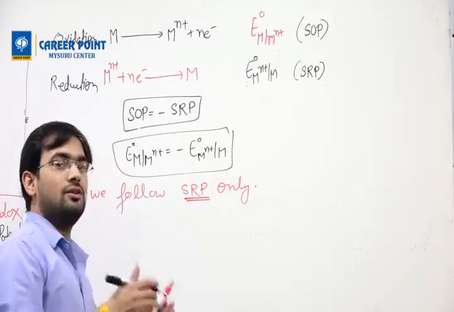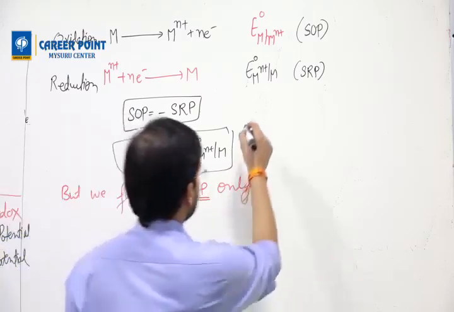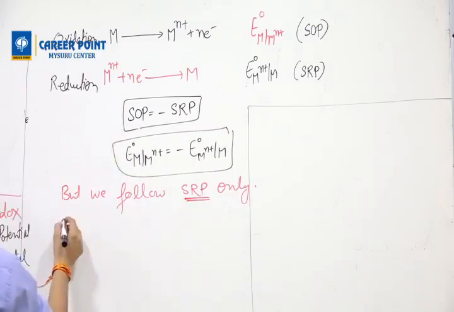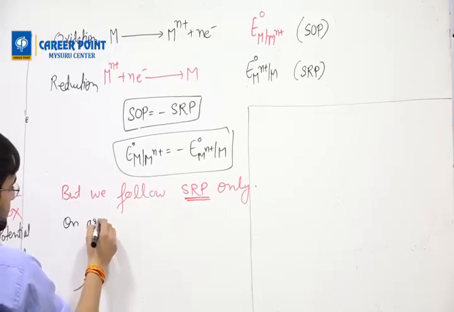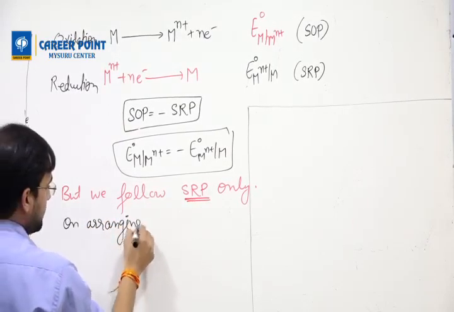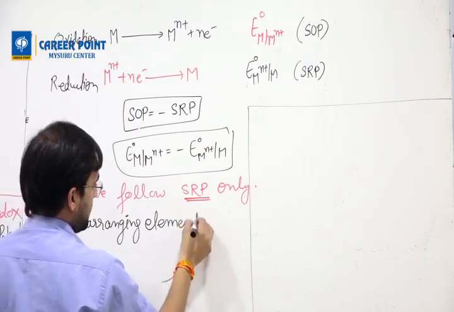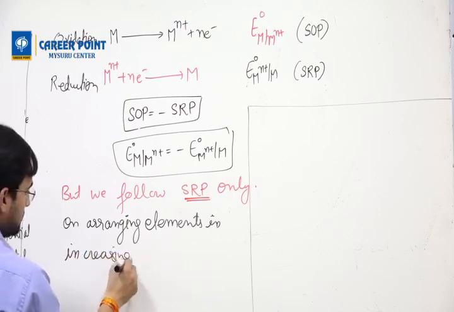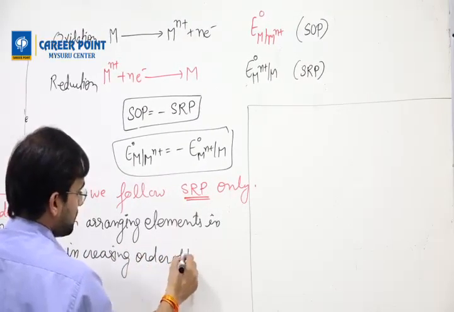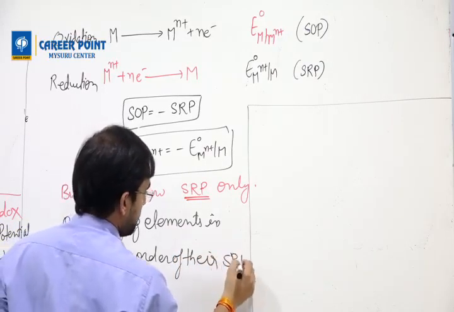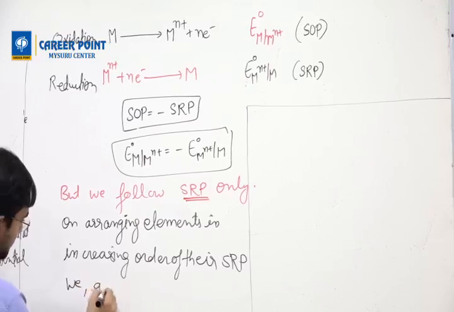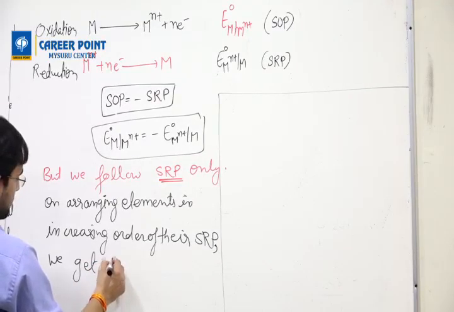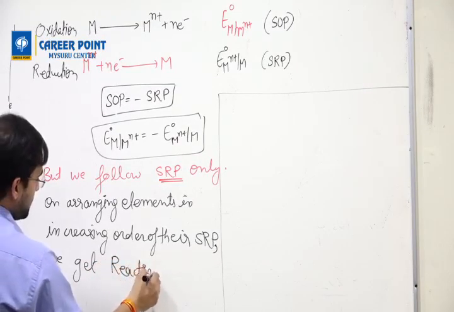So when you have lower values and higher values, here we write: on arranging elements in increasing order of their SRP, we get the reactivity series.